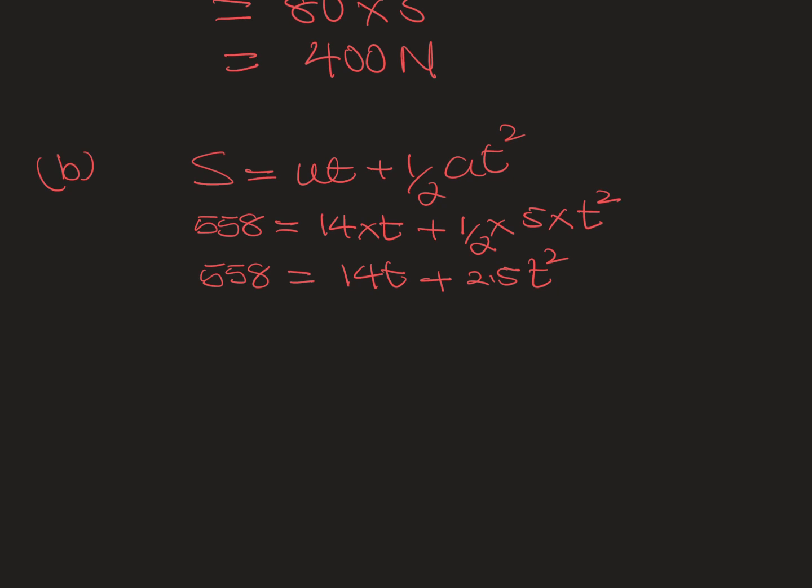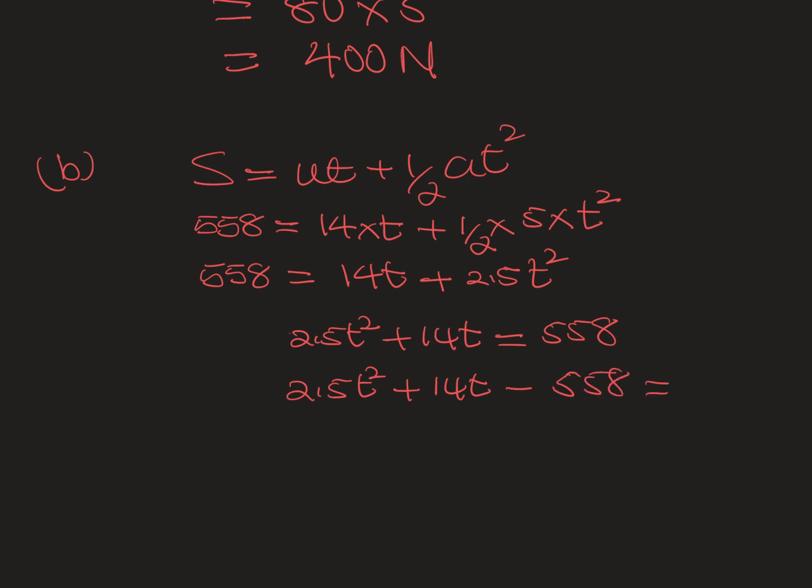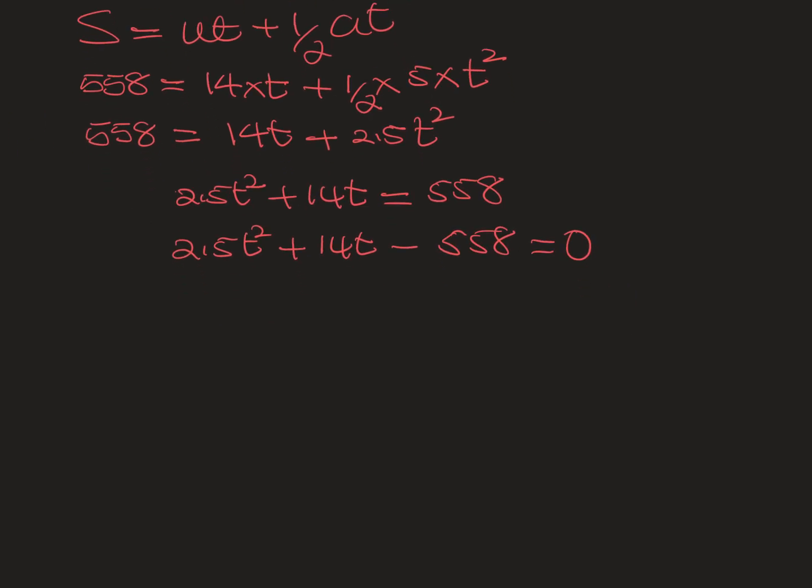So I can say this looks like a quadratic equation, and I need to bring it into the form of a quadratic equation. That will be 2.5t squared plus 14t equals 558, right? 2.5t squared plus 14t minus 558 equals 0. This is how a quadratic equation looks.